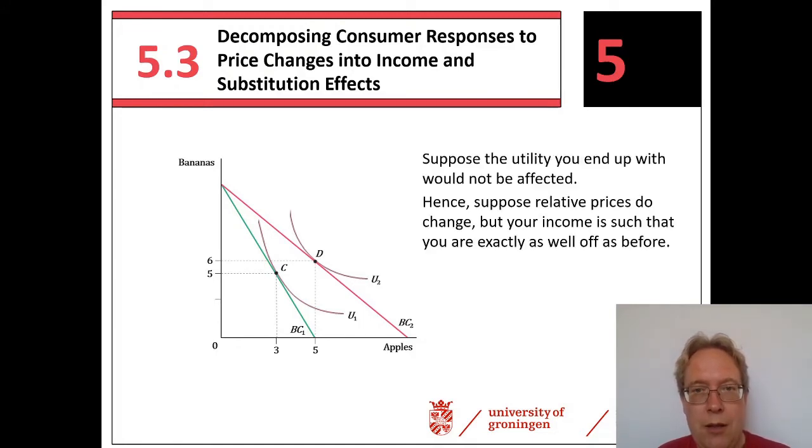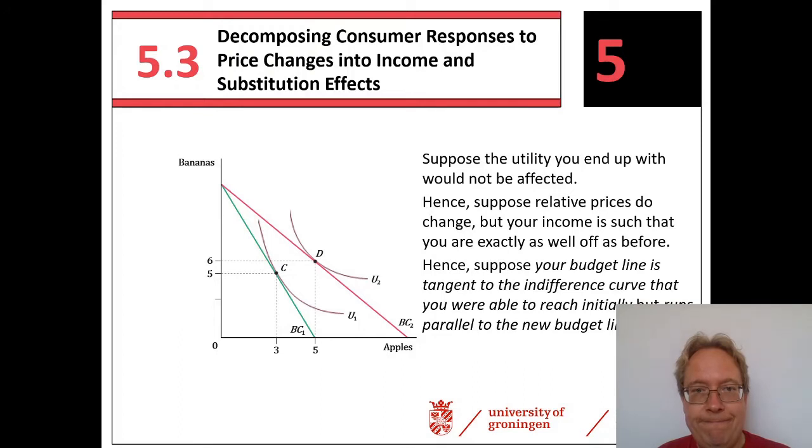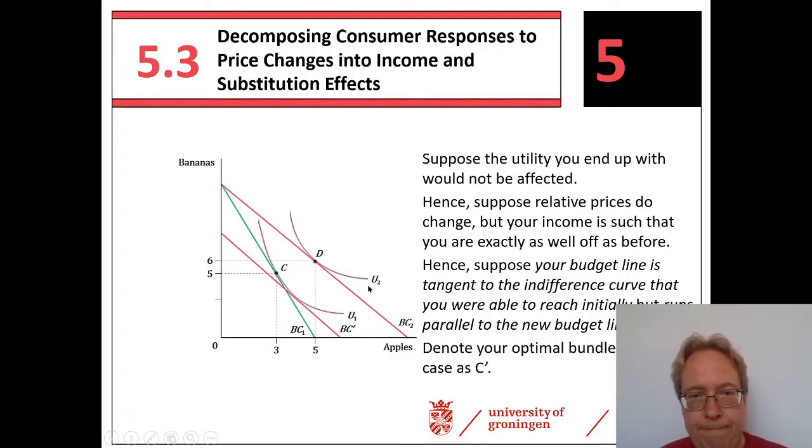So in other words, we're going to move your new budget line down, but such that it just still touches your old indifference curve. And in that case, your optimal consumption bundle would have been C prime, right?